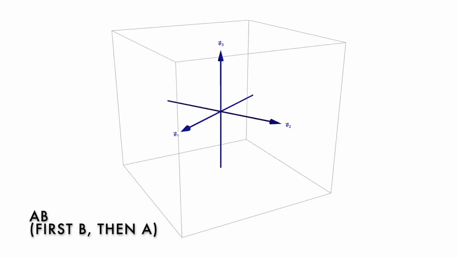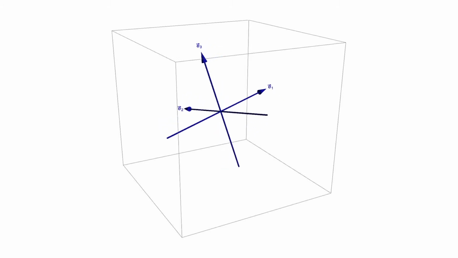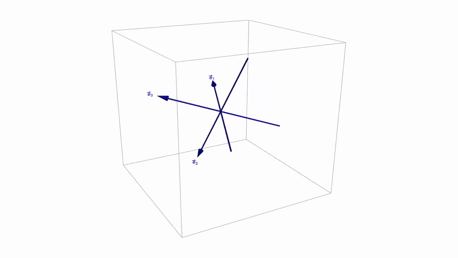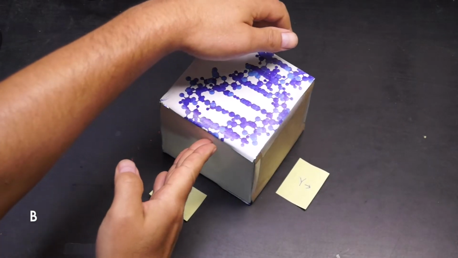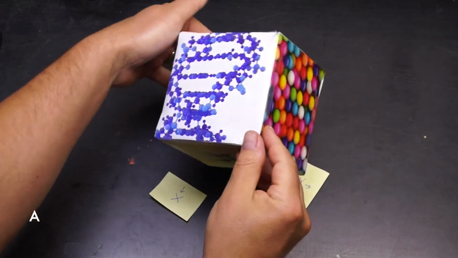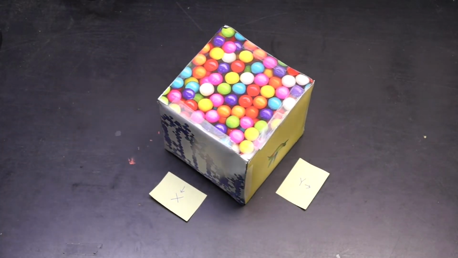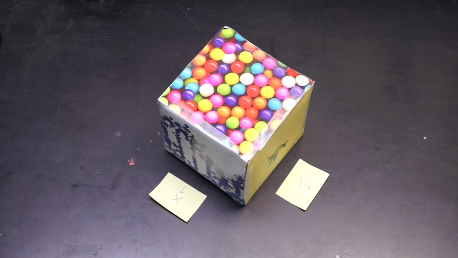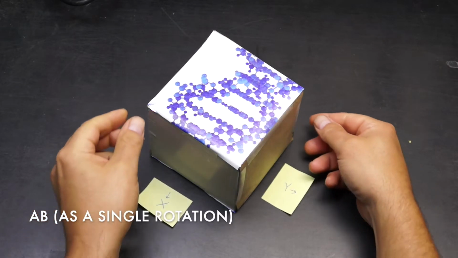Now we're going to compose A and B. When we write ABX, we first multiply by B, then A. Let's do it with the model. First B, then A. Now in fact, this amounts to a single rotation. Now we'll see it with the model.